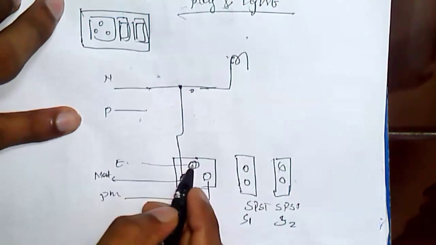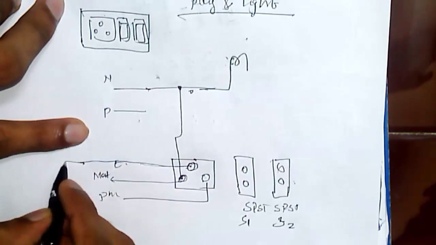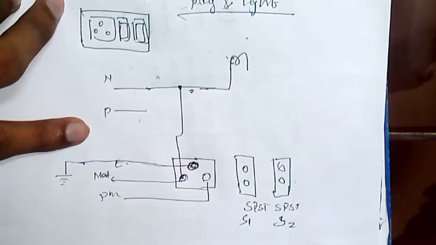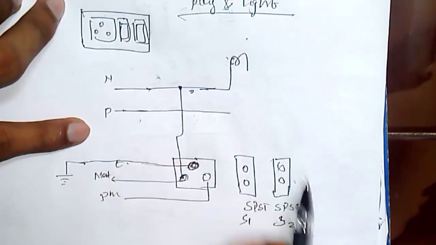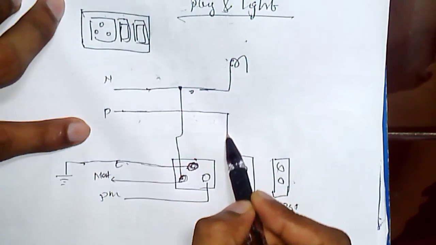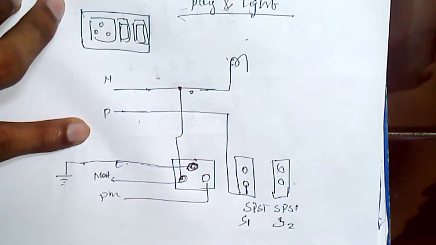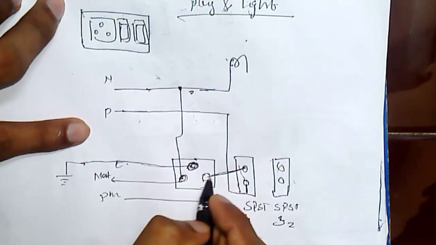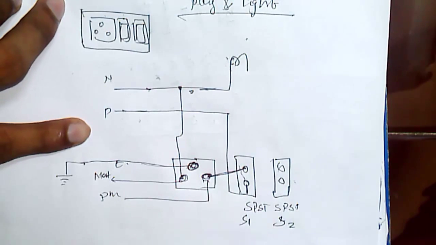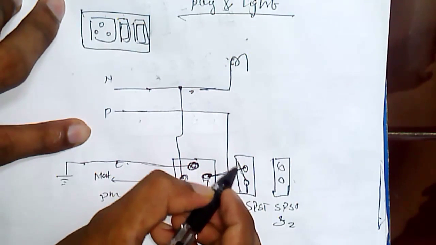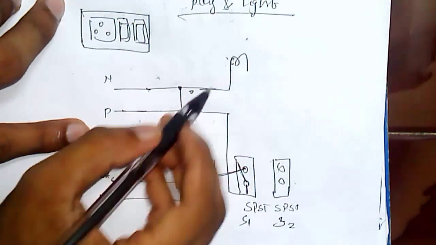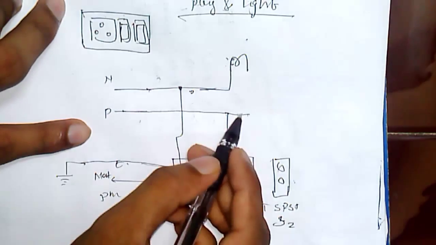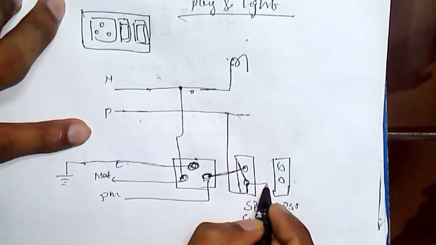Okay, and the earth wants to be grounded. Now the phase comes here, and the phase is connected to these two switches, and the S1 switch is connected to the plug. Now the lamp's phase is again connected, and we can join from here in a board.